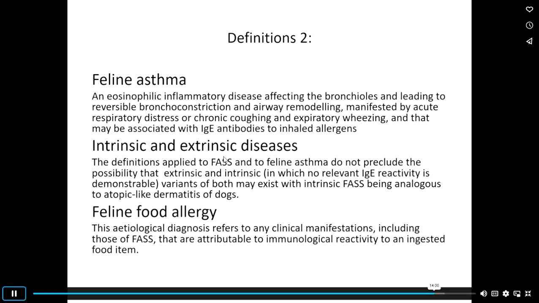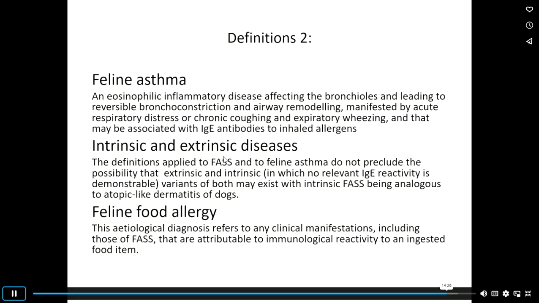We look at intrinsic and extrinsic diseases. The definitions applied to FASS and to feline asthma do not preclude the possibility that extrinsic and intrinsic variants may be later defined. Extrinsic associated with IgE antibodies, and intrinsic in which no such association will be demonstrated.